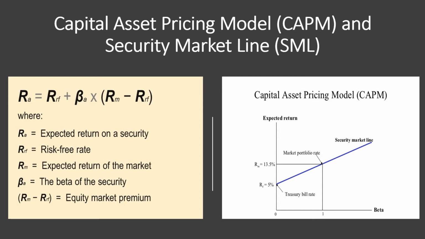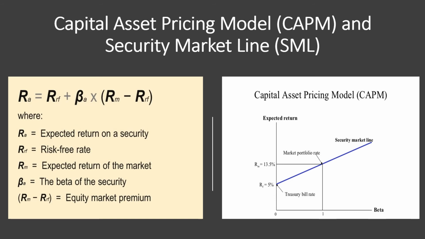The key insight of the CAPM is that investments with the same beta have the same expected rate of return, and investors will require a higher rate of return on investments to compensate for higher beta or risk.